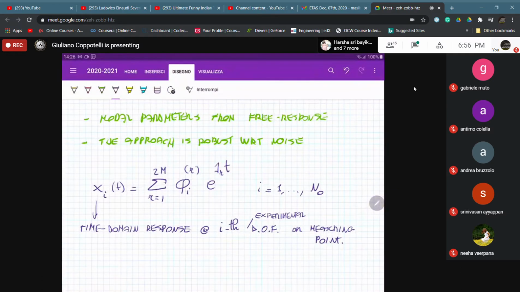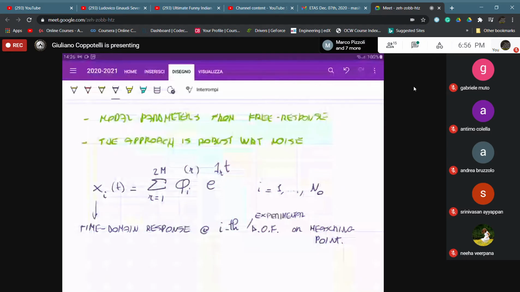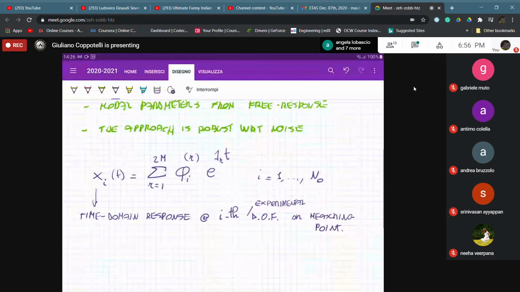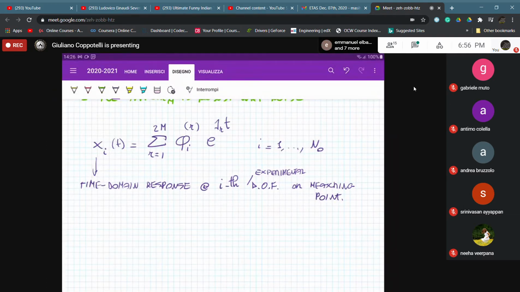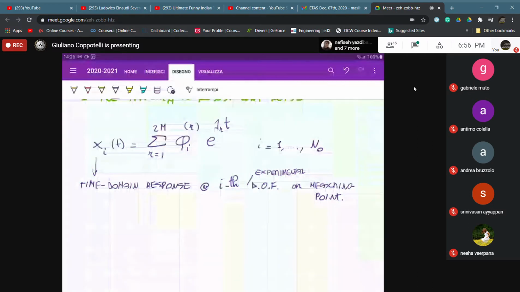Now, because you know very well that we are not going to measure a continuous function, but we are living in a discrete world because we have a sampling time, we can rewrite the same response of the ith degree of freedom evaluated at the jth time domain sample.